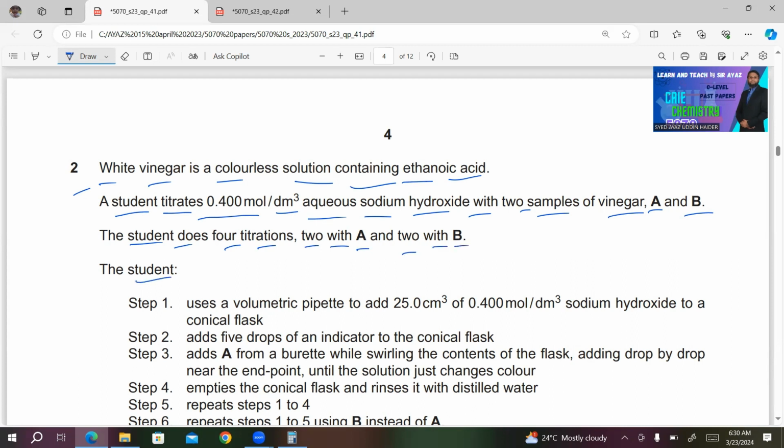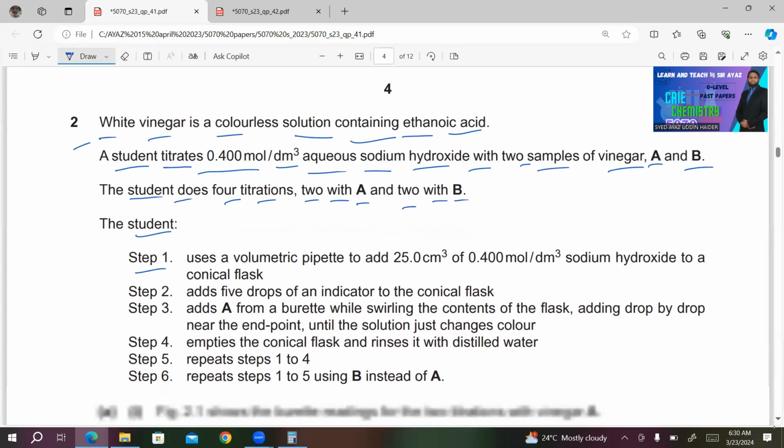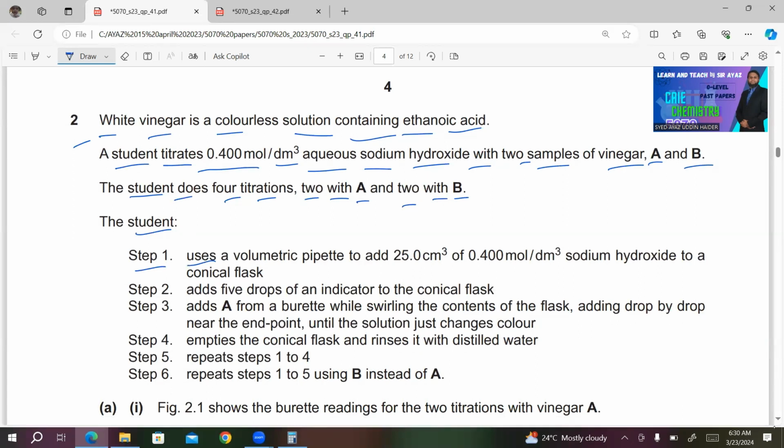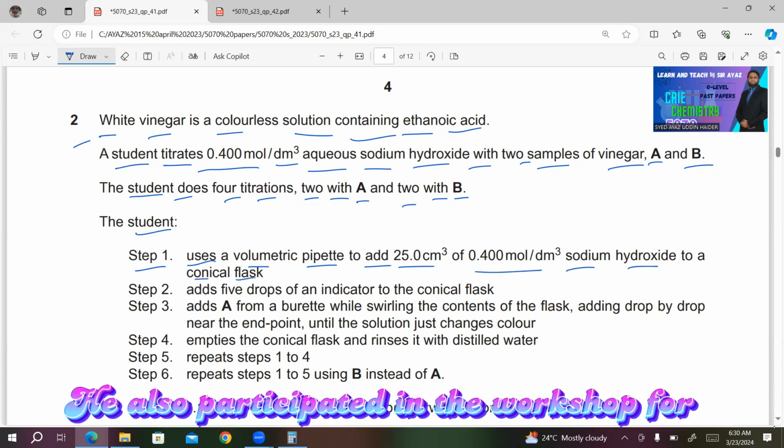The student, in step 1, uses a volumetric pipette to add 25 centimeter cube of 0.4 mole per dm cube sodium hydroxide to a conical flask. Step 2, adds 5 drops of an indicator to the conical flask.